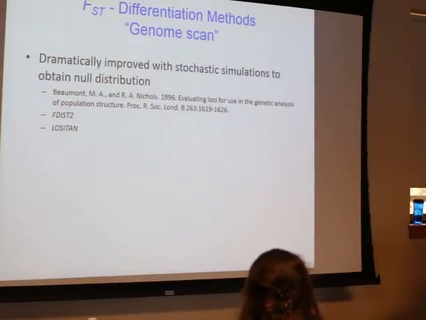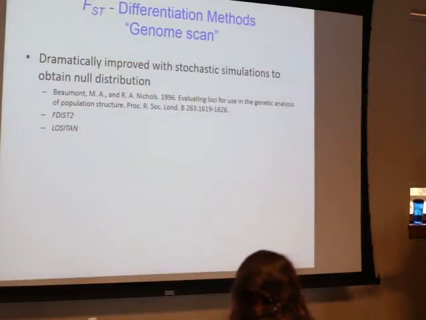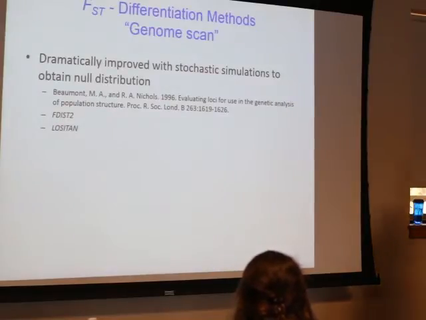But then one of the biggest changes came in this paper in 1996, the Beaumont and Nichols method. What they did was come up with stochastic simulations to provide null distributions. This was implemented in a program called FDIST, which was pretty cumbersome.